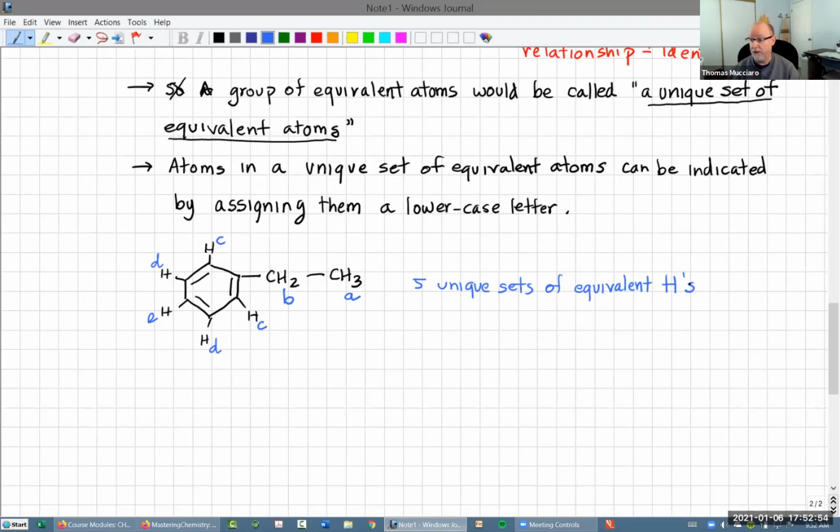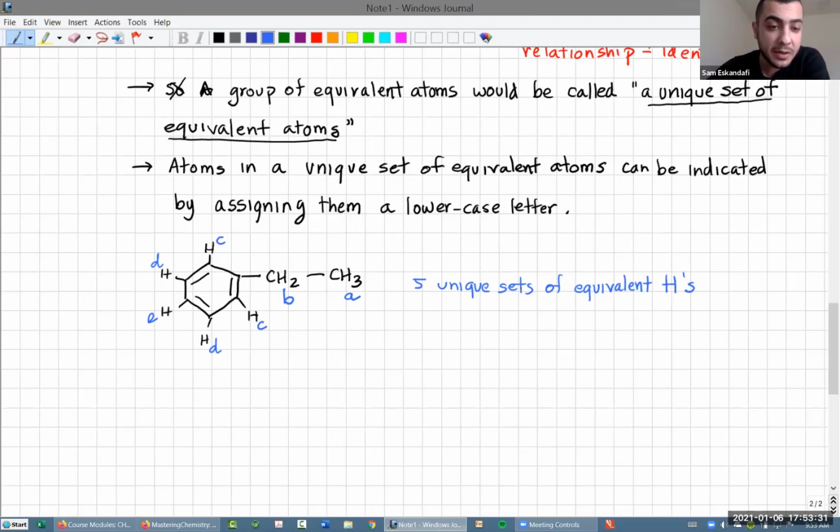In this case, it's 5. The second question would be, here's a structure, indicate each unique set of equivalent hydrogens by assigning them a letter. So in other words, I give you a picture and you have to write the letters on. Again, that's basically the level that I would expect to see on an MCAT question for this, but we're going to use this later on.